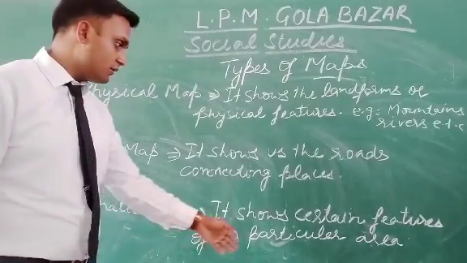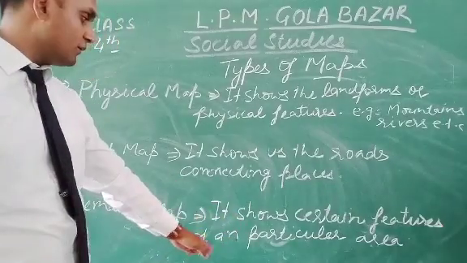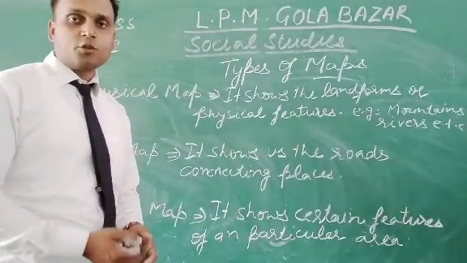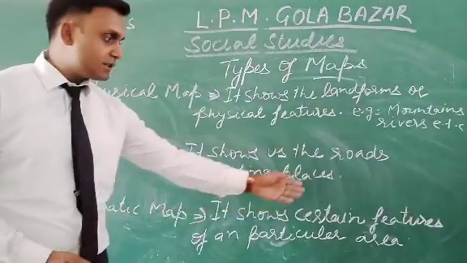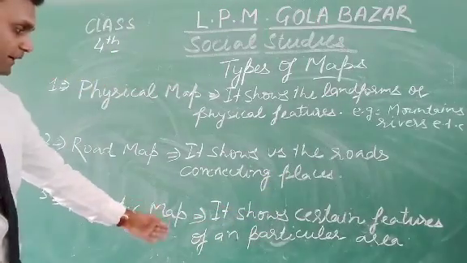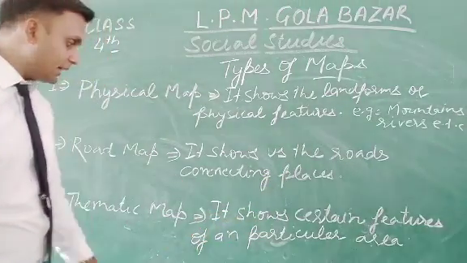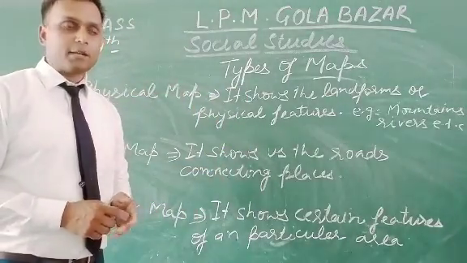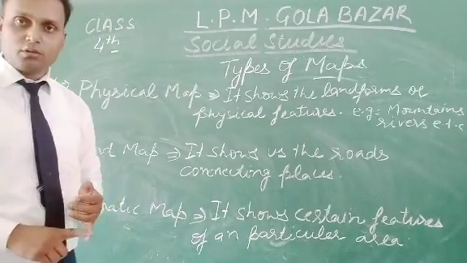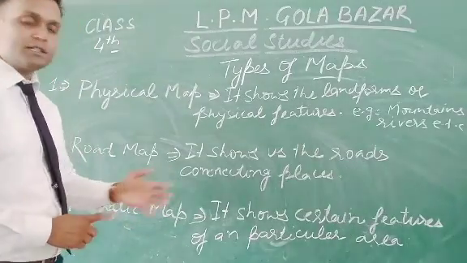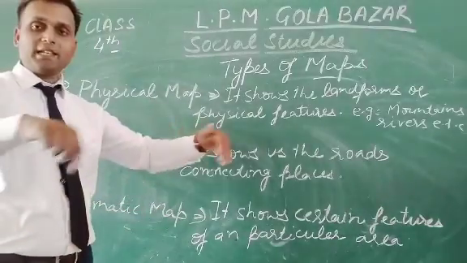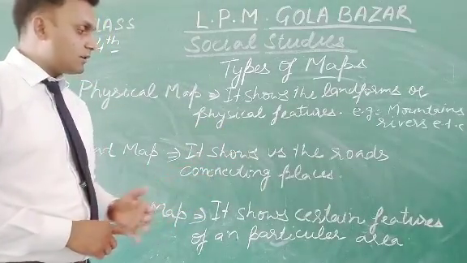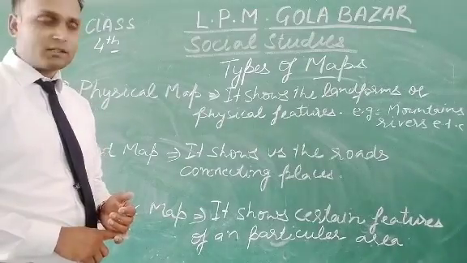One thing more: in a thematic map, what is being shown? Which type of feature is shown? In a particular area, which type of crop is being grown, what type of vegetation a place has, and what is the climate of that place or region.